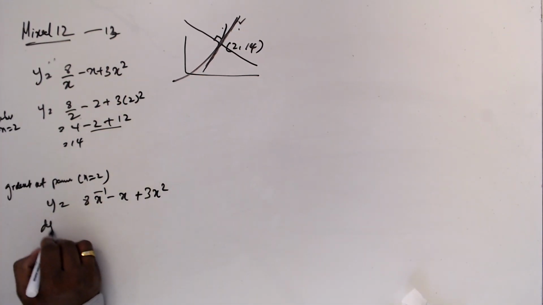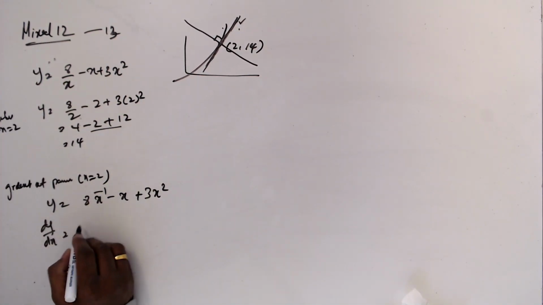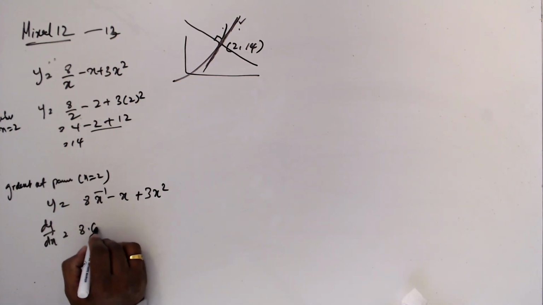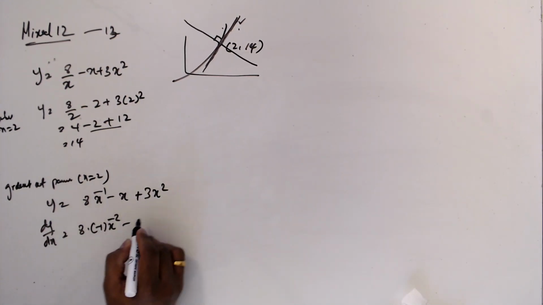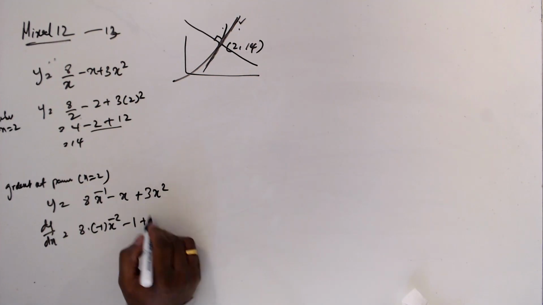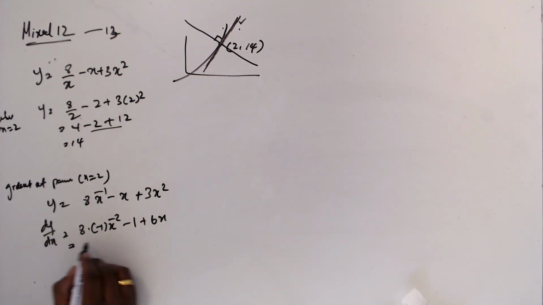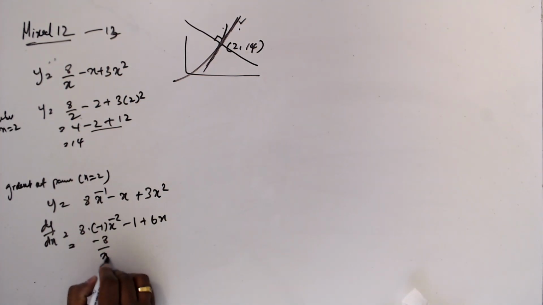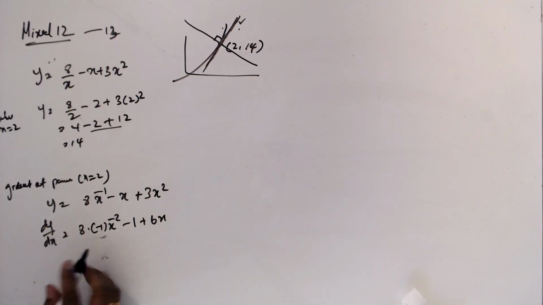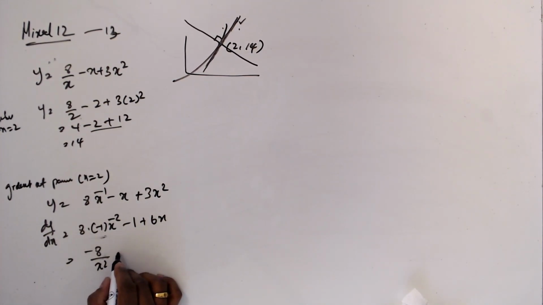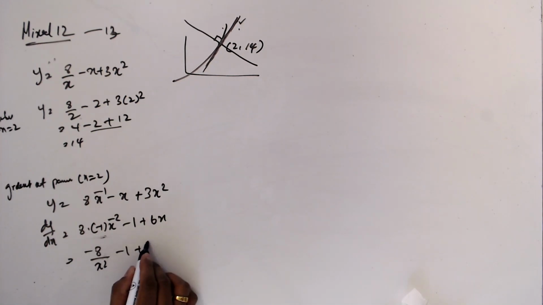So dy over dx is 8 times minus 1 x to the minus 2, this is 1, this is 6x. So this is minus 8x square, equal minus 8x square minus 1 plus 6x.